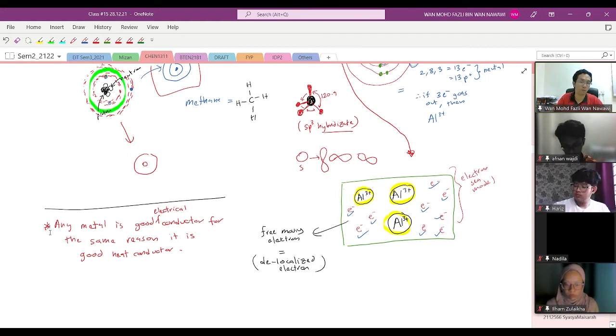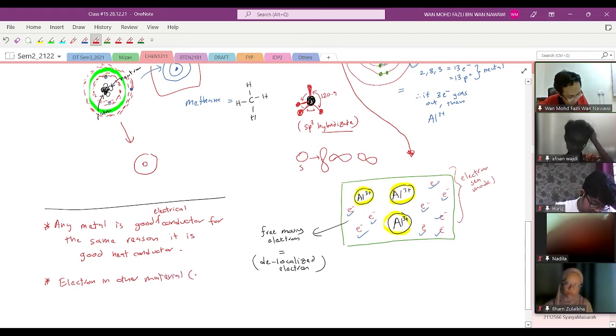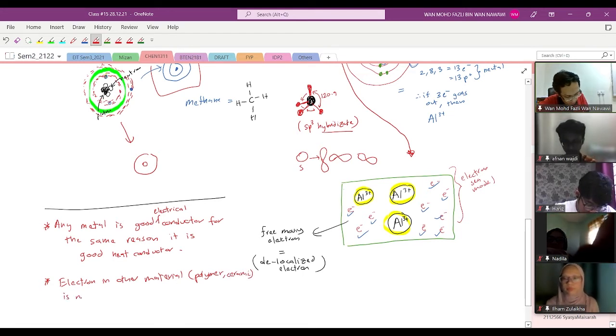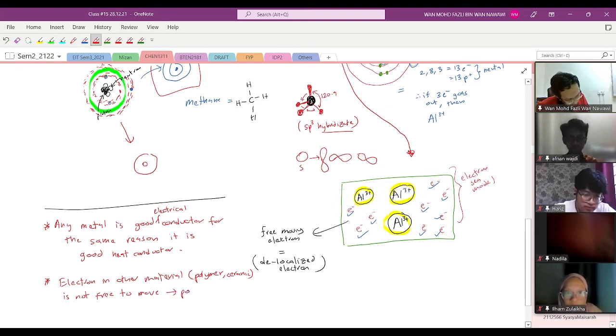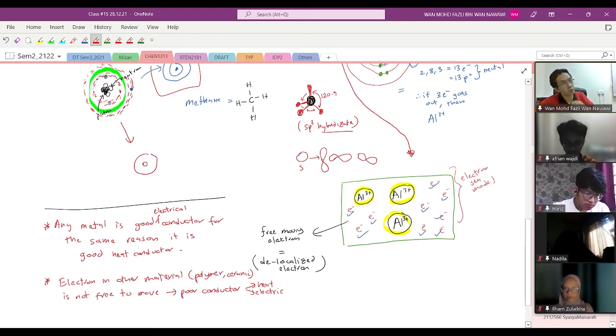They are not free to move, so these are poor conductors of both heat and electricity. Normally a good electric conductor is also a good heat conductor, and a poor electric conductor is also a poor heat conductor, because the reason is the same.